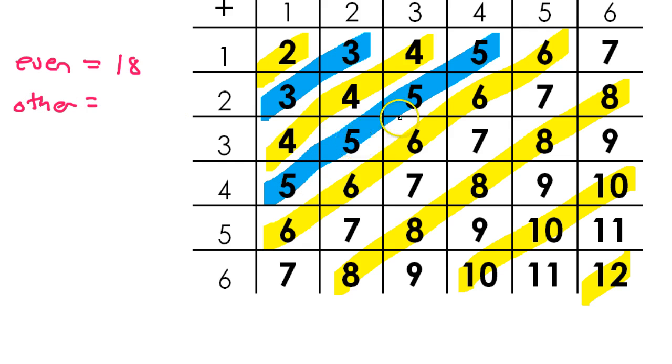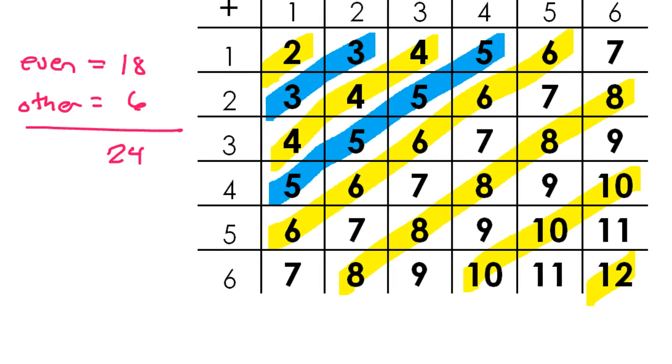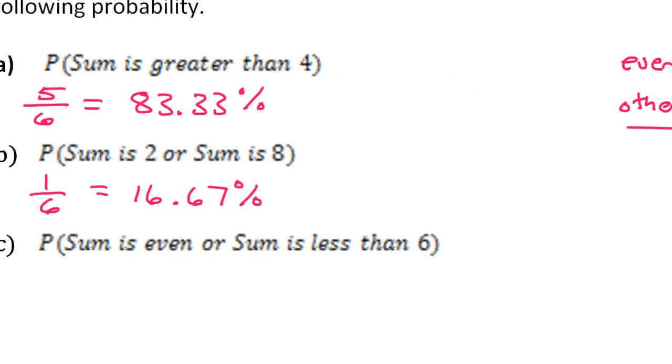So we had 1, 2, 3, 4, 5, 6 additional numbers. So that's a quick way to figure out how many numbers I just highlighted. 18 plus 6 is 24. So I've got 24 out of 36.